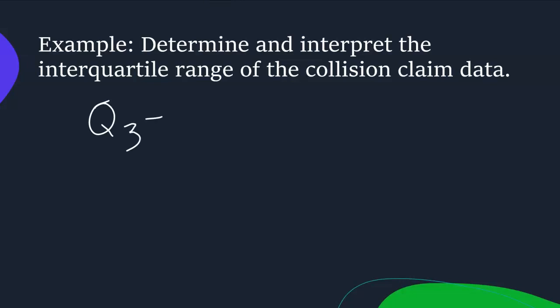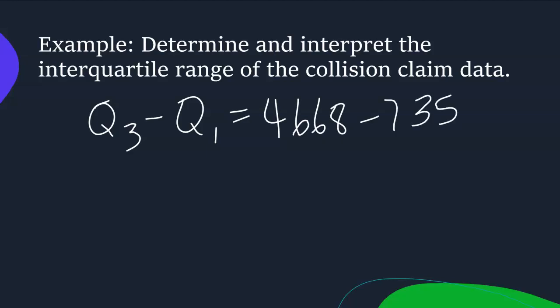So the collision data we just calculated the quartiles for, the Q3 was 4668. And the Q1 was 735. And this is our IQR. We use IQR for interquartile range. Well, that ends up being 4668 minus 735, which is 3933.